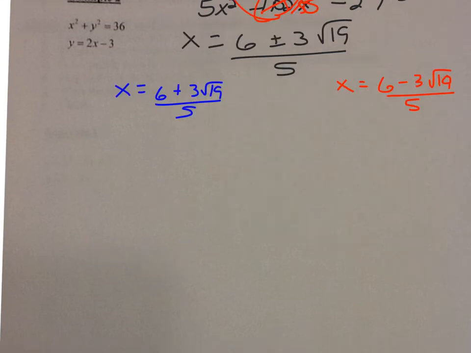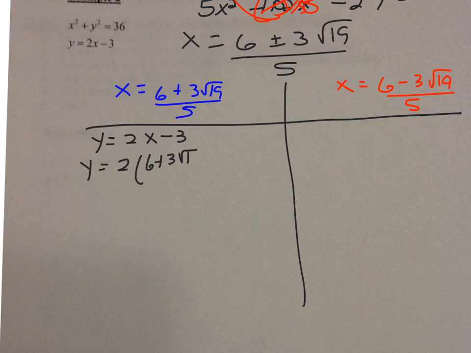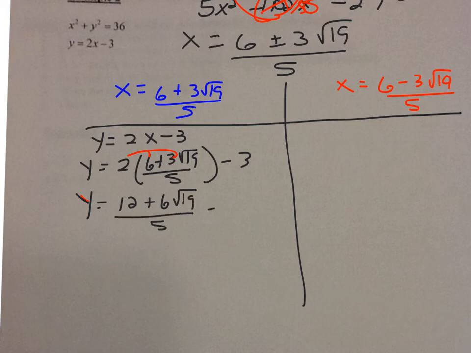Okay, so now that I have my x values, I have to get my two y values. I'm going to plug it into my linear, which is y is equal to 2x minus 3. So it's y equals 2 times (6 plus 3 square root of 19 over 5), and then minus 3. So you have to distribute the 2. So we get y equals 12 plus 6 square root of 19 over 5, minus 3.